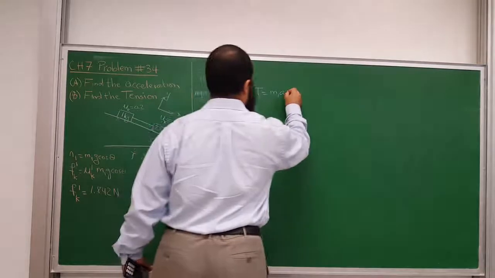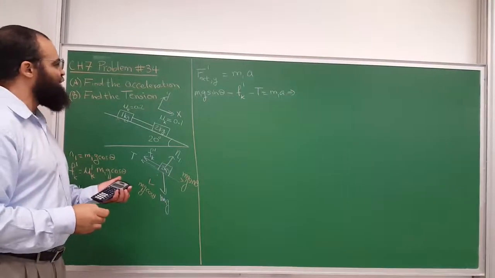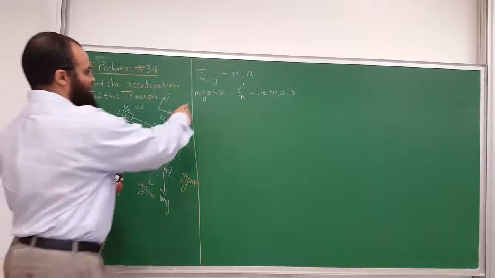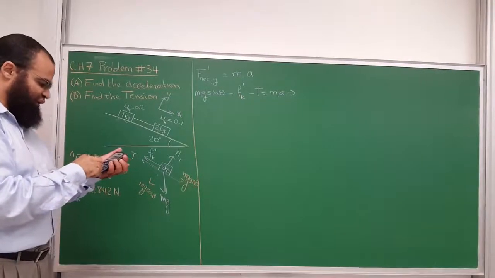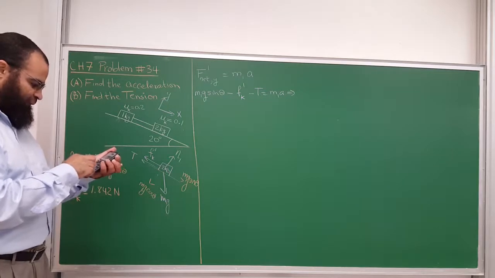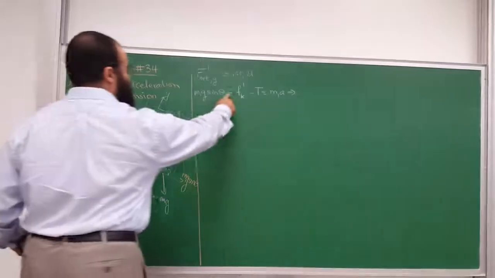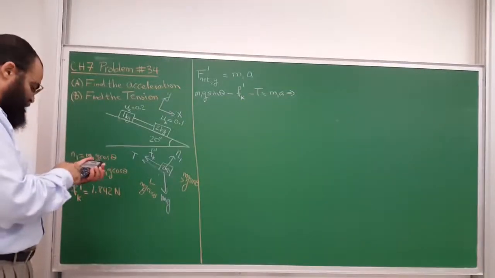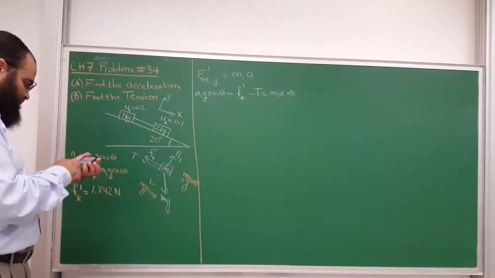And so I think we should probably substitute also in this problem. I don't think it's worth keeping everything in symbols. So I have m1g sine theta. Let's figure what that is. M1 is 2 kilograms times g, which is 9.8, times the sine of 20, minus fk1, which is 1.842.